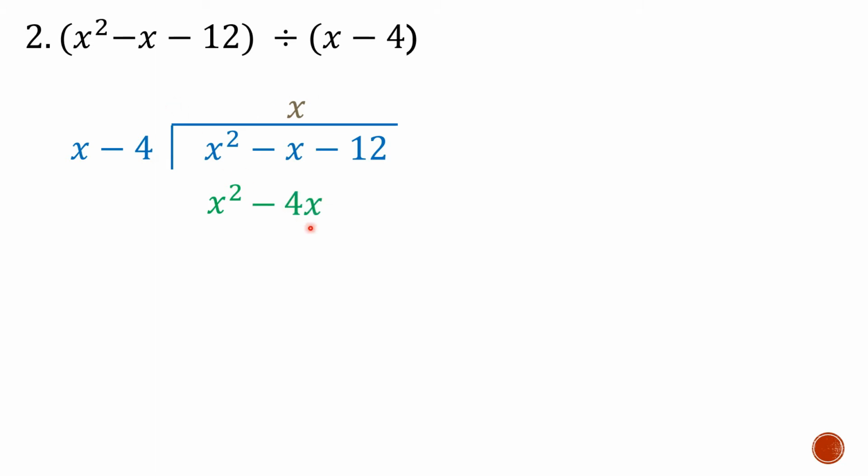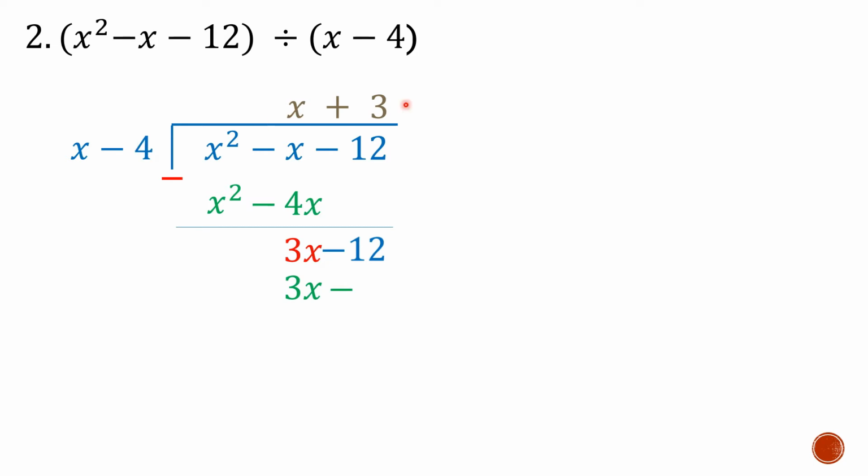Next is subtract. x squared minus x squared is 0. And negative x minus negative 4x is positive 3x. Next, bring down negative 12. Next, divide. 3x divided by x is just positive 3. 3 times x is 3x.